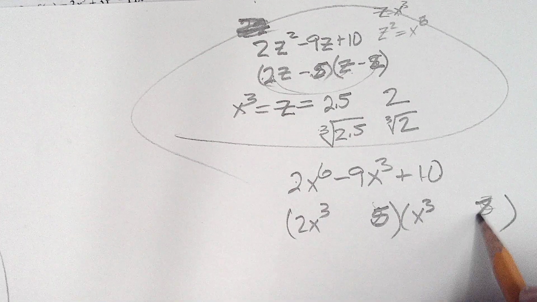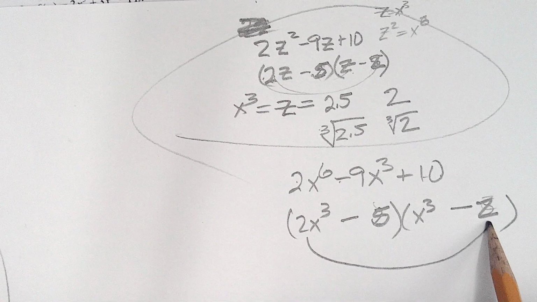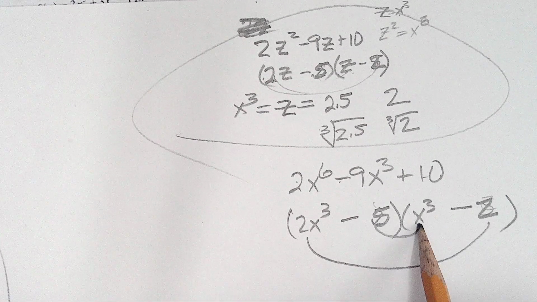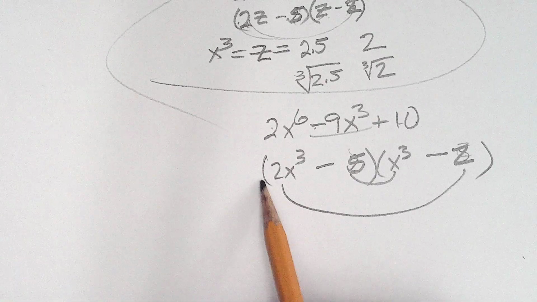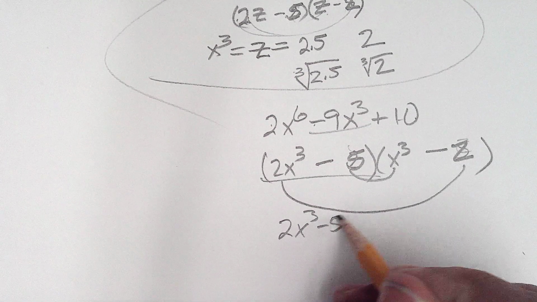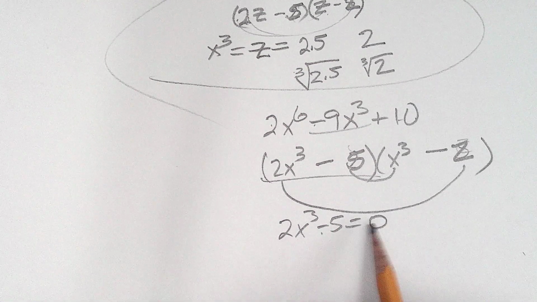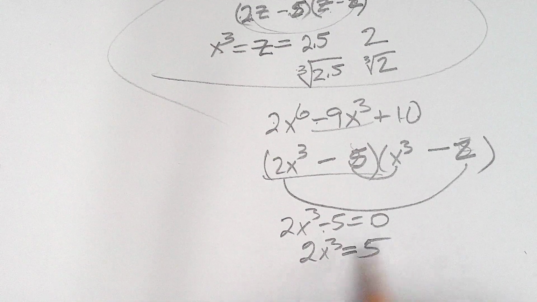And they'd both have to be minus. And this makes minus 4x cubed minus 5x cubed, which is minus 9x cubed. And then you have to set these equal to 0. 2x to the third minus 5 equals 0. Add 5 to both sides. Divide by 2.